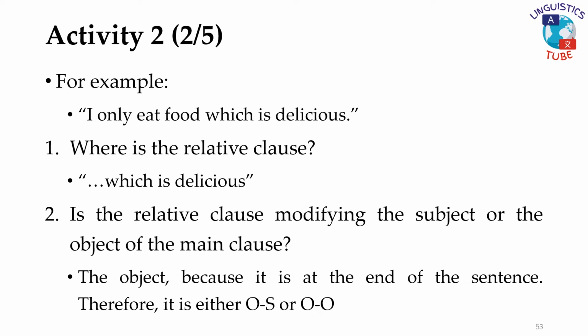It's the object because it is at the end of the sentence. Therefore, it is either OS or OO. Another method is to turn it into an adjective and see which noun it modifies. The sentence would be, "I only eat delicious food." Here, the adjective clearly modifies the object.